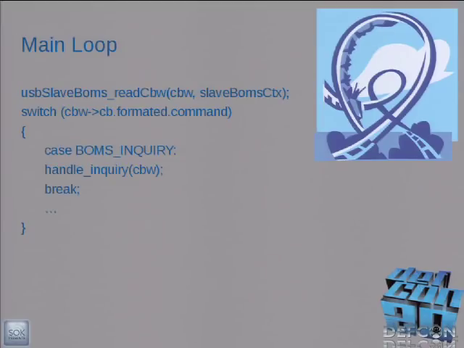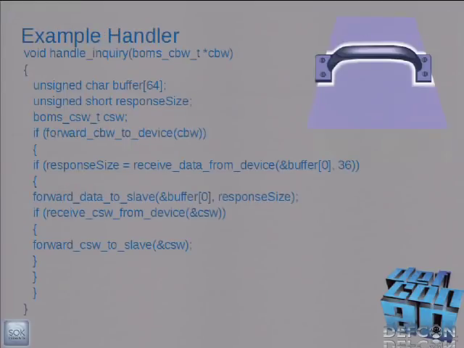All right, so the main loop just sits around waiting for stuff. And then I have a bunch of handlers. This is just a quick example for the inquiry command. It gets a command block wrapper, allocates a little space, forwards it to the device, gets a response, sends it back, and waits for a command status wrapper, sends it back.